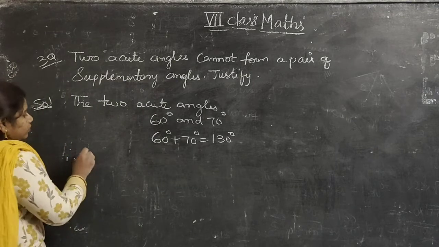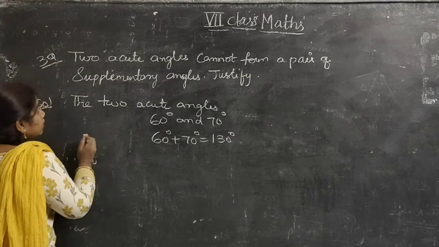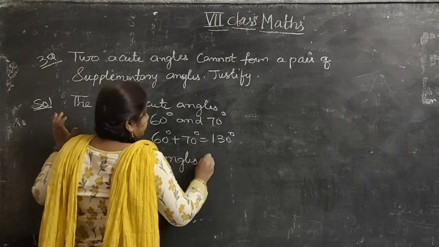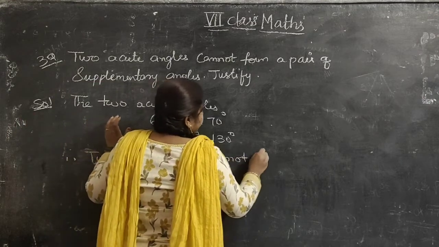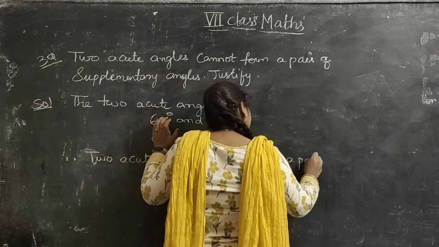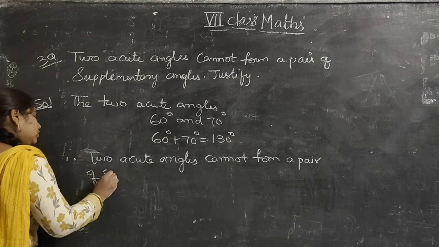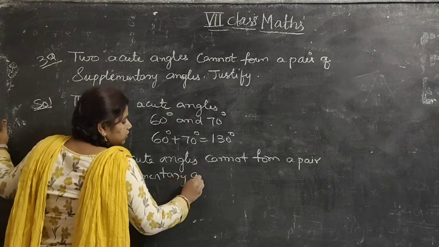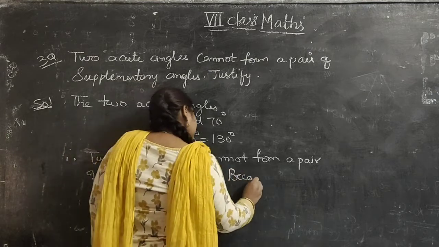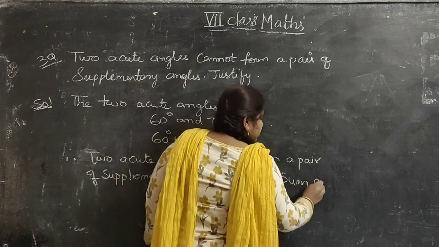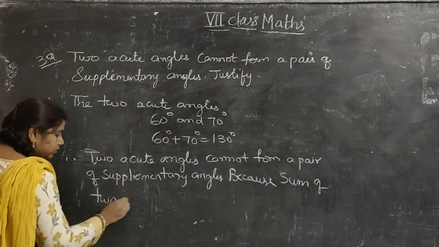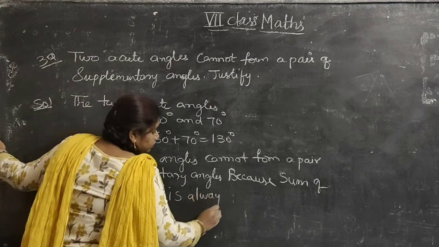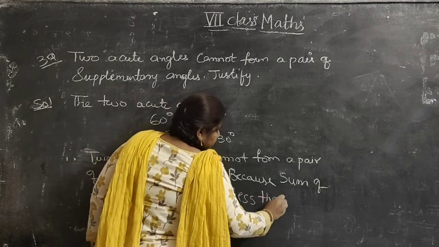So therefore, two acute angles cannot form a pair of supplementary angles because the sum of two acute angles is always less than 180.